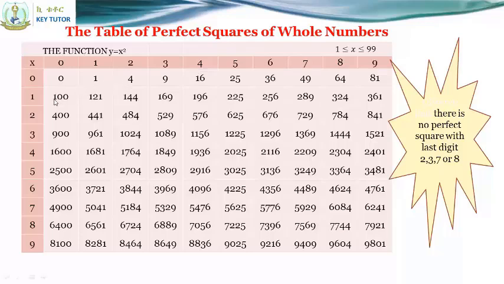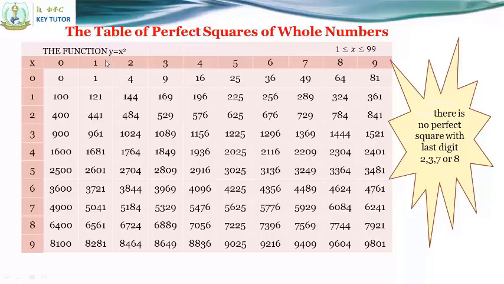Here 1 squared, 4 squared, ignoring the 2 zeros, 1 squared, 2 squared, 3 squared, 4 squared, and so on. And here you have 81, 9 squared. Just for observation, the perfect squares in the column of 0 have 2 zeros as their last digits.